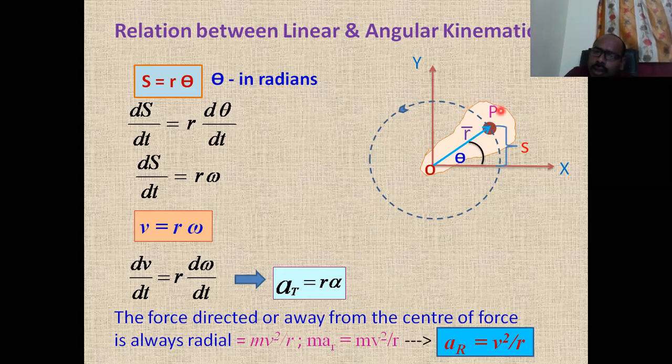So it is perpendicular to the tangent drawn at point P, and it is towards the center or away from the center. Totally it is in the direction of the radius vector. Therefore, we are calling it radial.